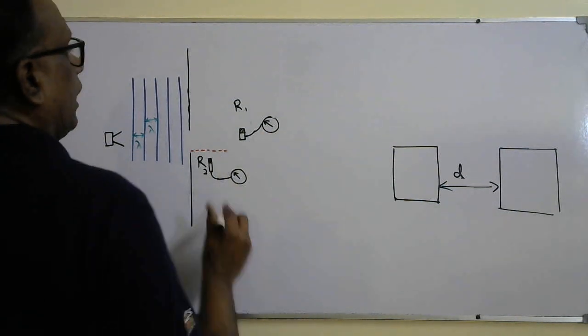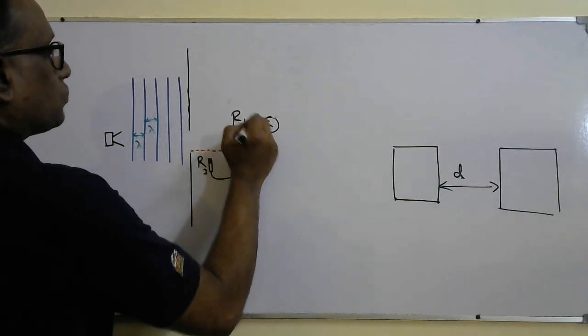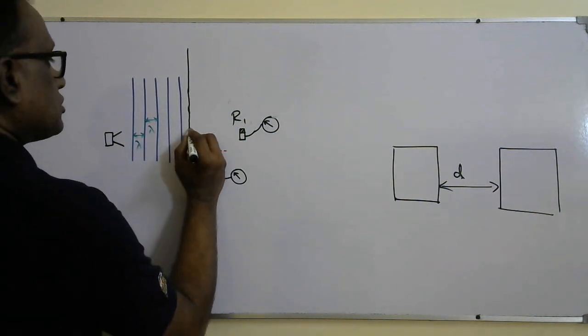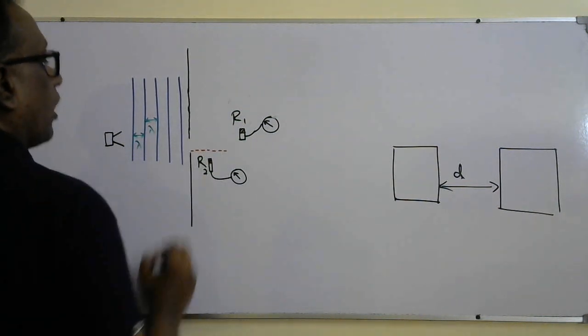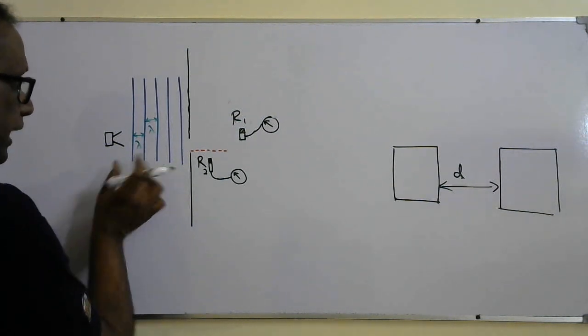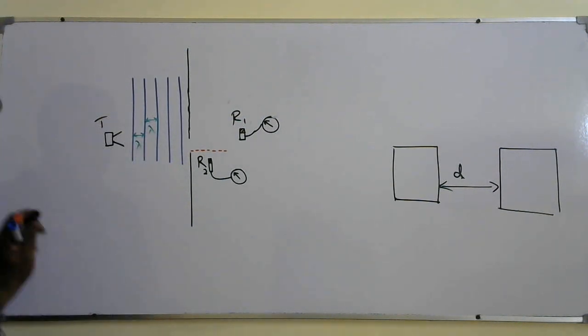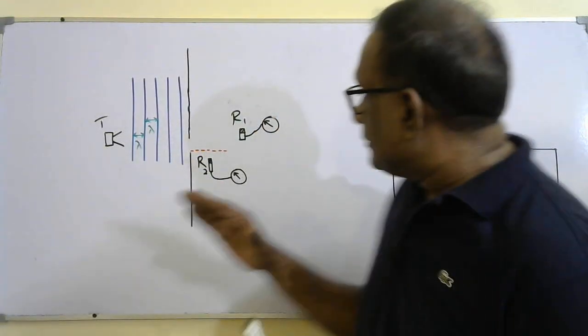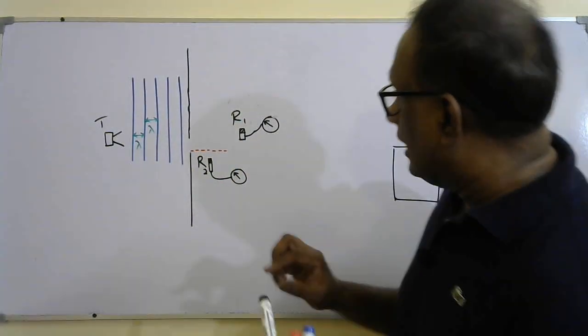What will happen? The reading of R1 will decrease. For example, when the slit size becomes almost equal to the wavelength of the microwave, the reading of R1 is lower compared to the initial position when the slit size was much larger.